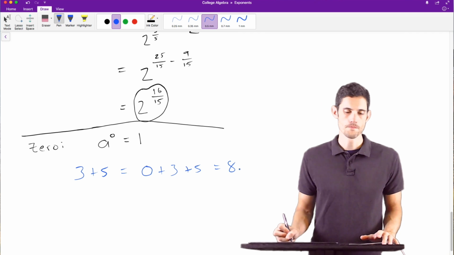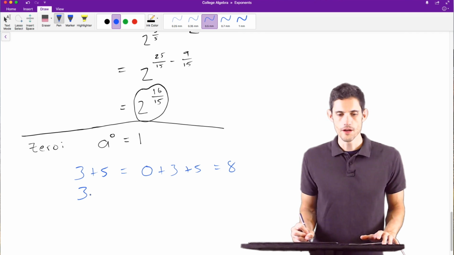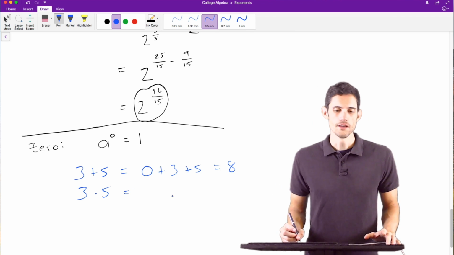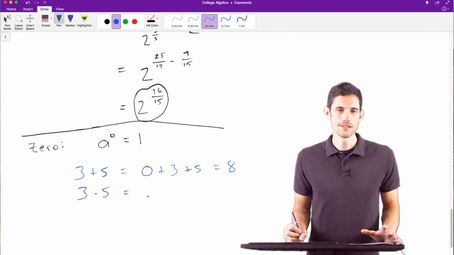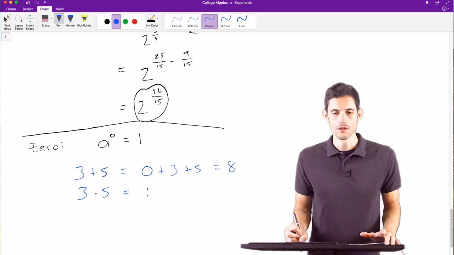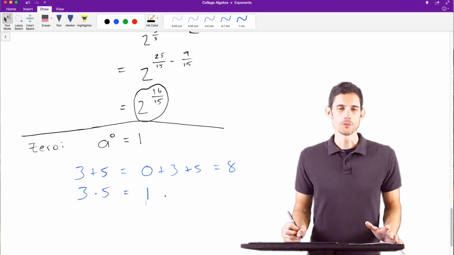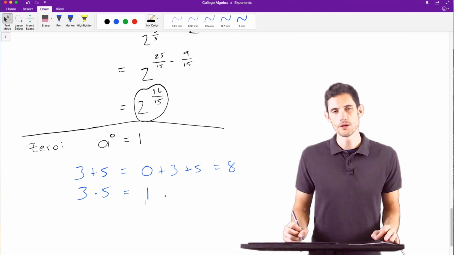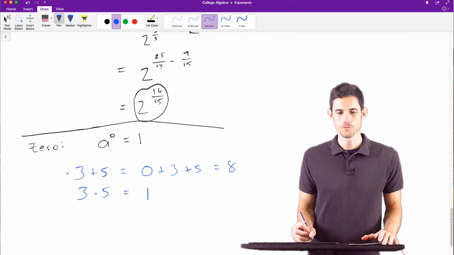You get 8. And so if I'm doing 3 times 5, what you're actually doing without realizing it is you're starting with the multiplicative identity 1. And it's the multiplicative identity because you can take any number and multiply by 1 and get that same number.